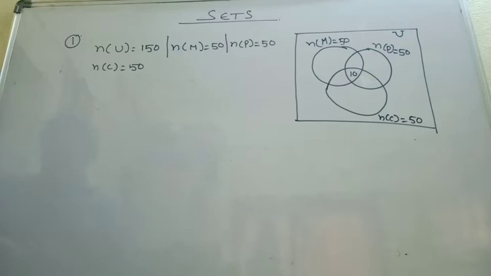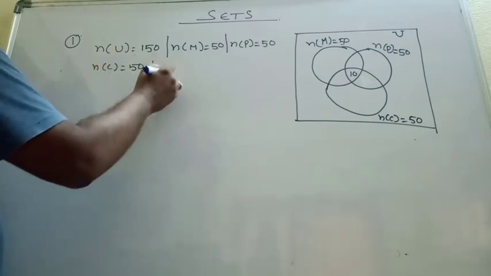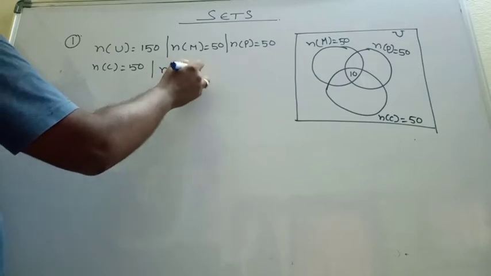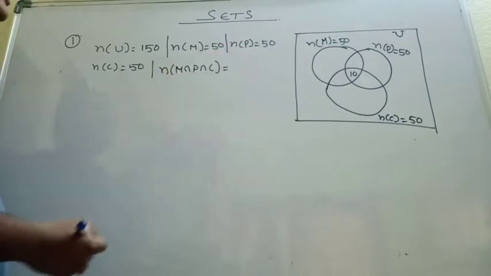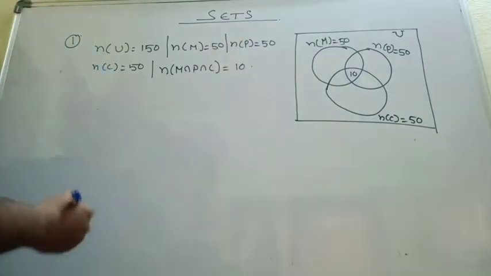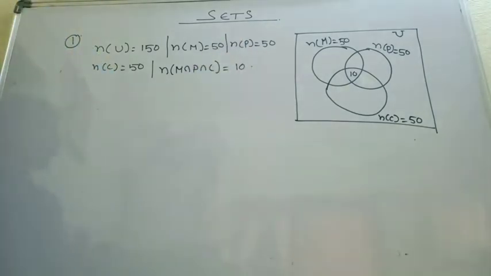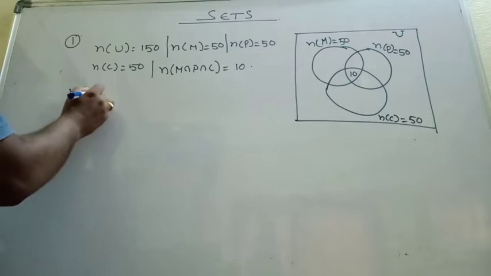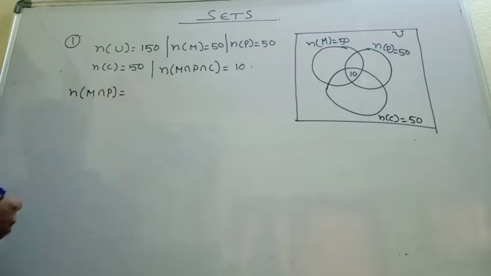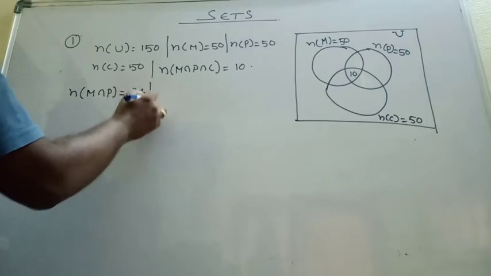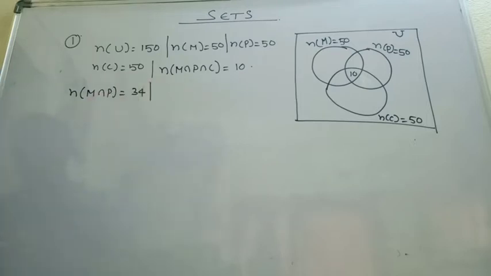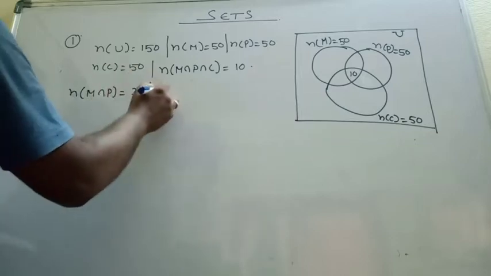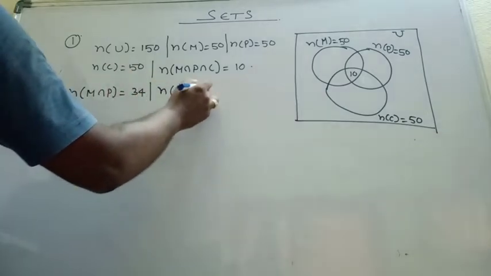Once these are noted, we have 10 who studied all three subjects. That means M intersection P intersection C is given by 10, so n(M ∩ P ∩ C) is 10. Next, 34 studied physics and maths, so n(M ∩ P) is 34. 22 studied chemistry and maths, so n(M ∩ C) is equal to 22.